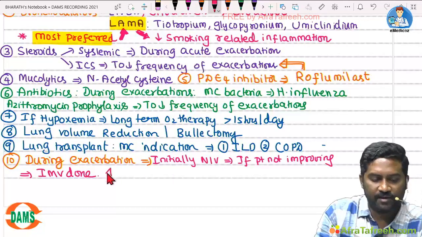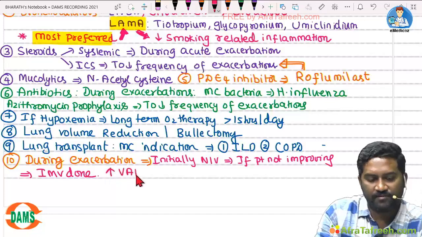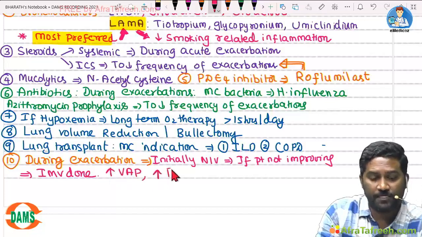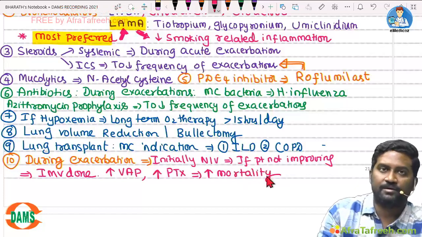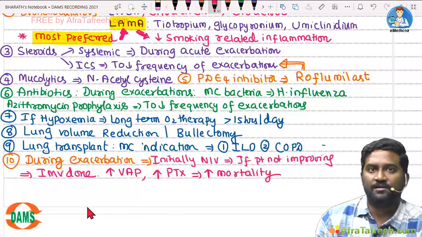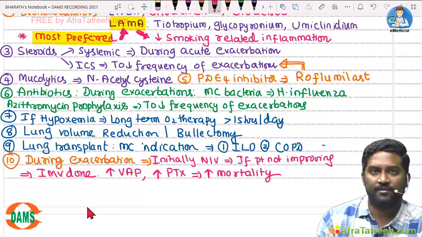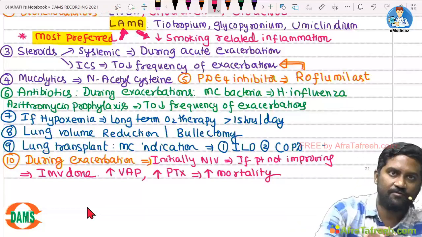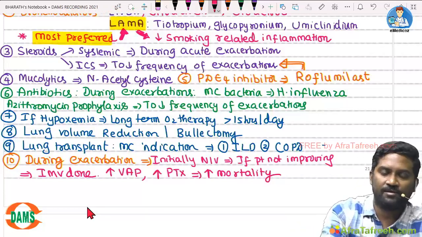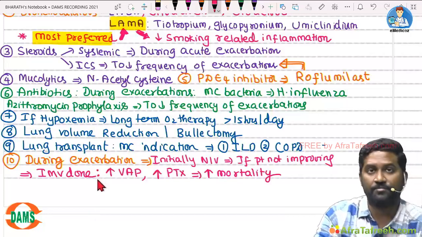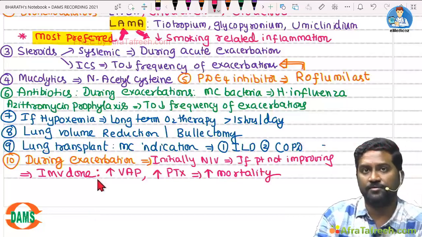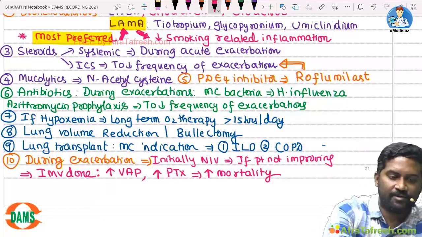Due to invasive mechanical ventilation, more chances of ventilator associated pneumonia, more chances of pneumothorax, that can increase mortality.